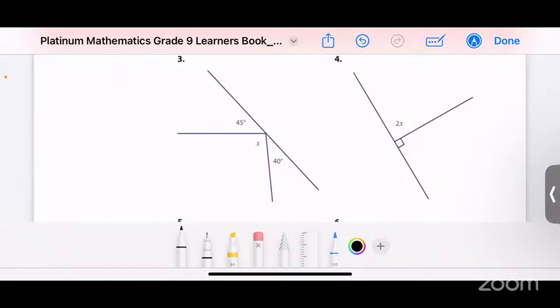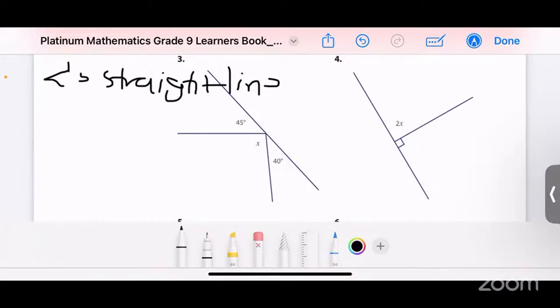What do you think we are supposed to do on number 3? I think you're supposed to add 45 and 40 and minus it from 180. From 180, that one, the first thing, it's a straight angle. Bear with me, my handwriting.